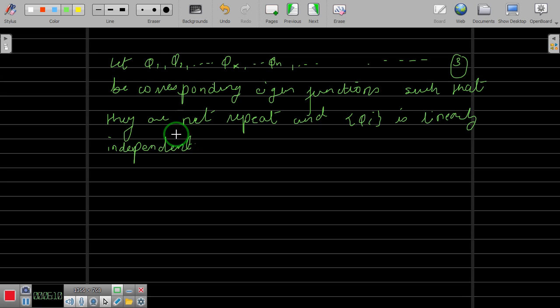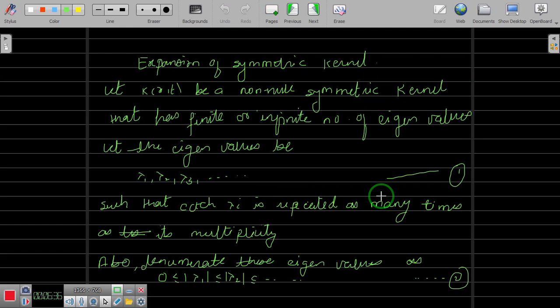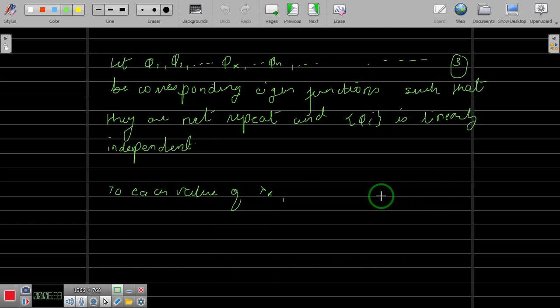Now if you take equation 1 where we have denoted all these lambda k's, we have just denoted those lambda i's in equation 1 in the ascending order of their magnitude.